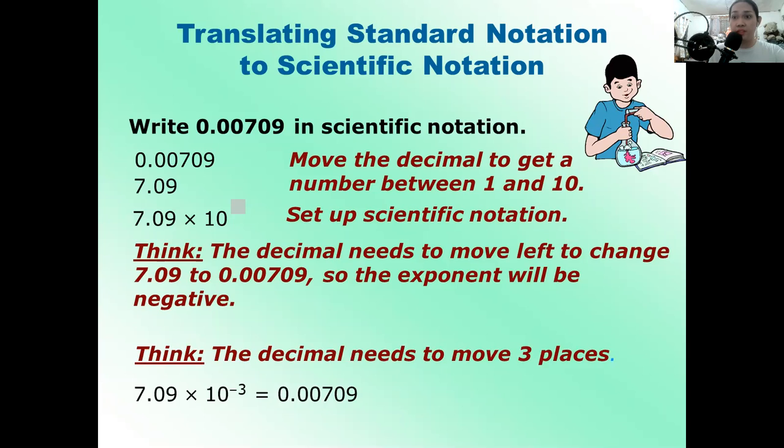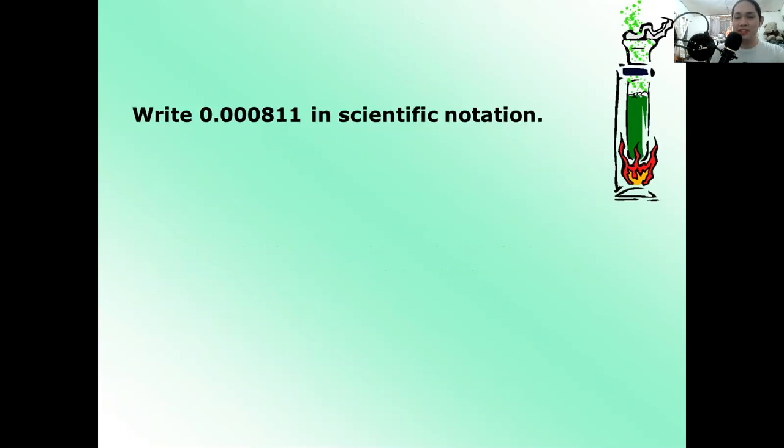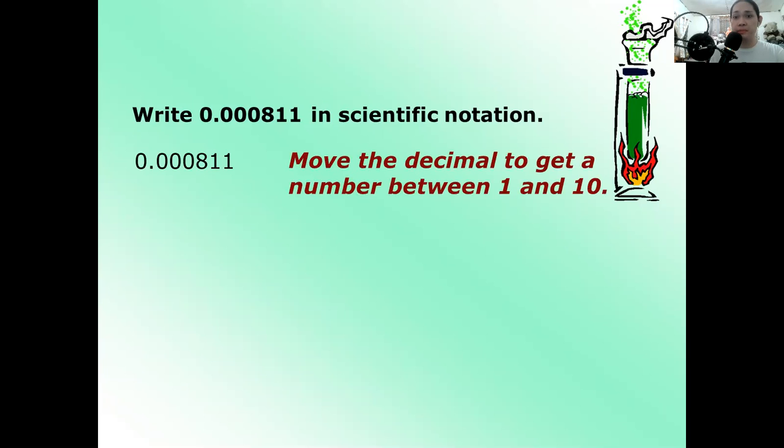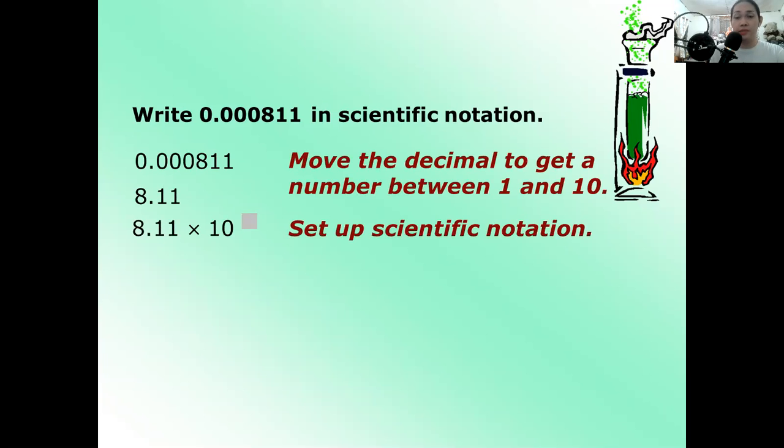notation to scientific notation. So let's have another example. Write 0.000811 in scientific notation. Okay, try to think. Move the decimal to get a number between 1 and 10. So it's 8.11. Set up scientific notation using this format.